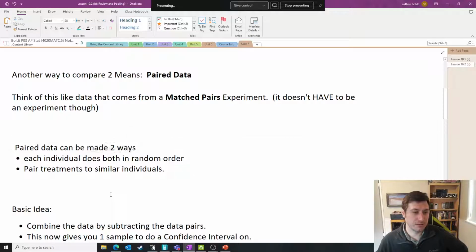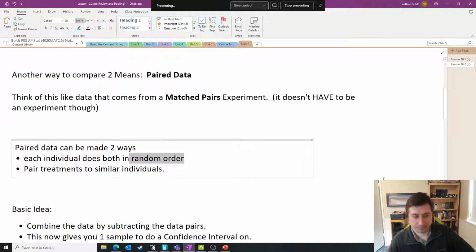Okay? This hopefully will jog your memory a little bit. So each individual does both things in a random order. Say I want to see if listening to music while taking a test is beneficial. So I get my random sample of people, and they all take two tests, and they do both.